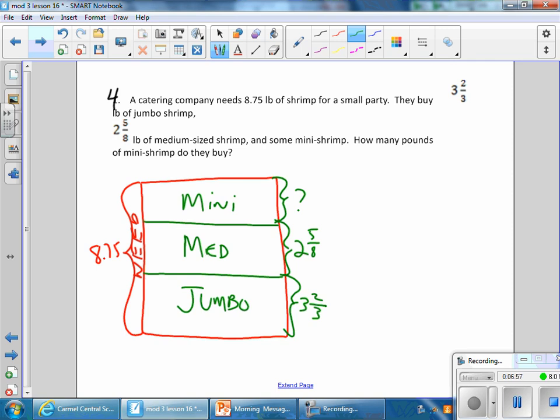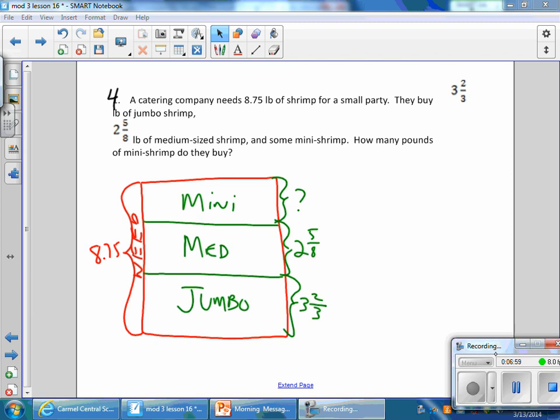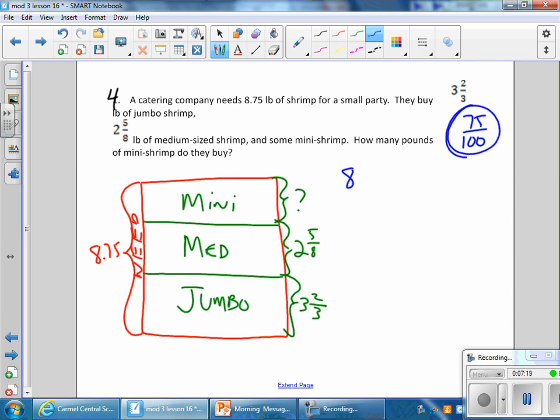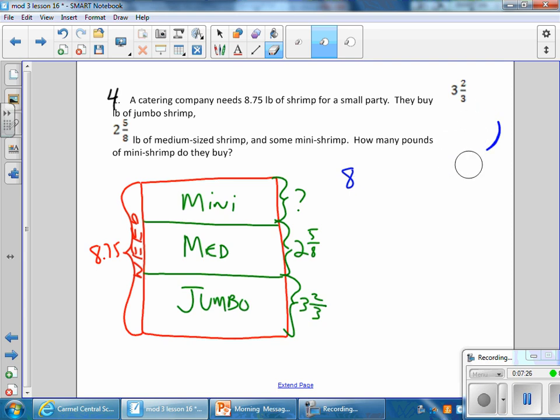Okay, so my work here would be my total 8 7/75. Now I see that I have fractions and decimals. I can turn my 7/75 into a fraction. 7/500 is 75/100.